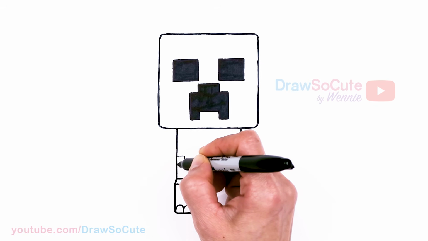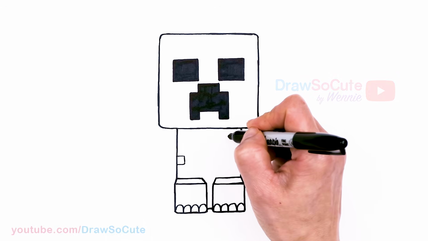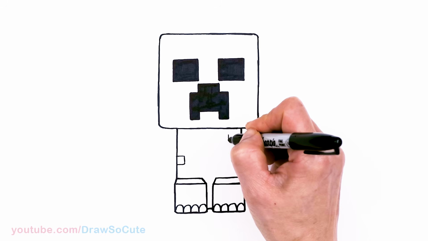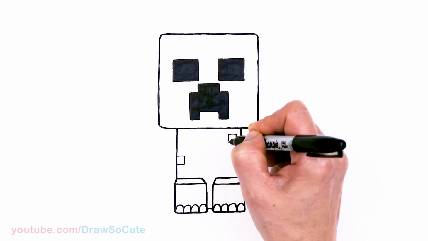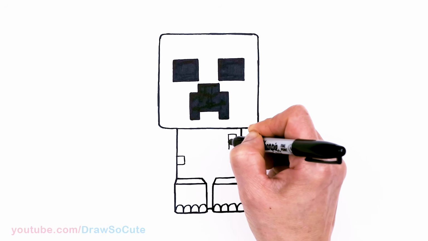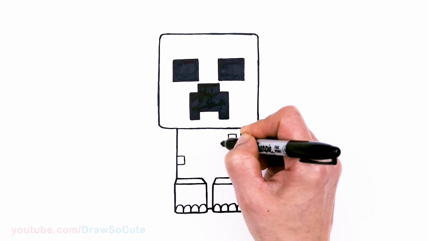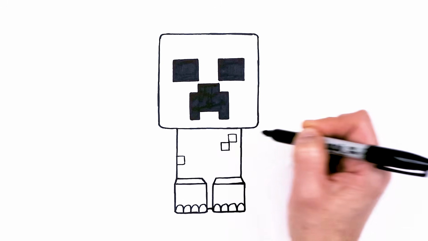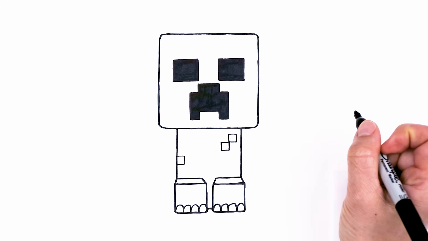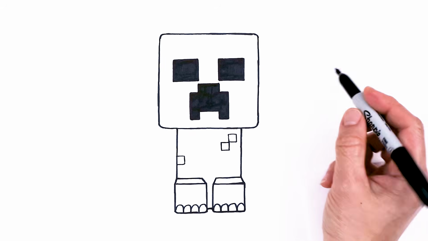So maybe like right here, put in one square towards the side, and then in here, draw another square, come down. It's like drawing a cross. And connect to create another square. And that is pretty much it.